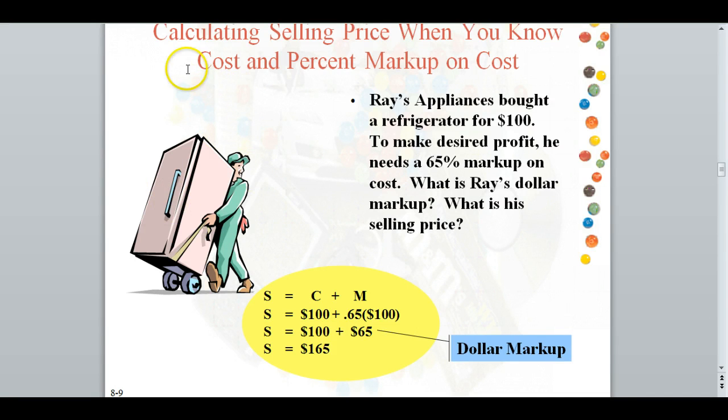So our selling price equals cost plus markup. That's our formula. So Ray's Appliance bought a refrigerator for $100. So again, that's our cost. To make a desired profit, he needs 65% markup on cost.